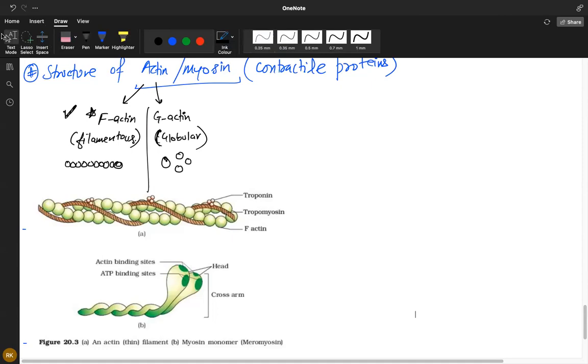So we can spend some time on this. Is it clear? Everyone can see this? What you see here is actin, actually F-actin, because it's filamentous.